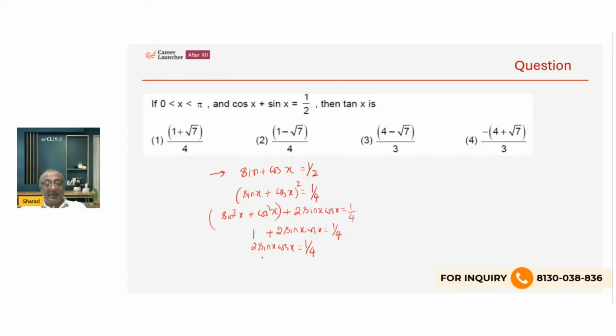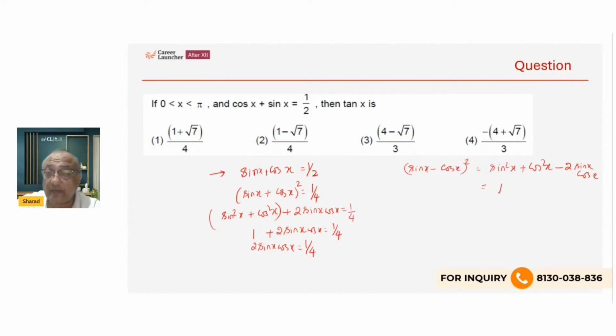But they're asking me tan x. If I can find out just sin x or cos x, then also my problem will be solved. How can I find out? I know one more thing, that sin x minus cos x whole square is equal to sin square x plus cos square x minus 2 sin x cos x.